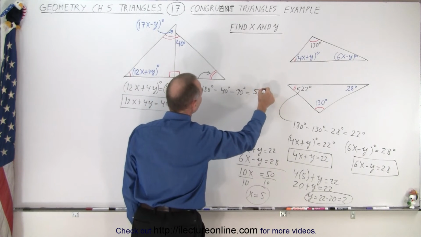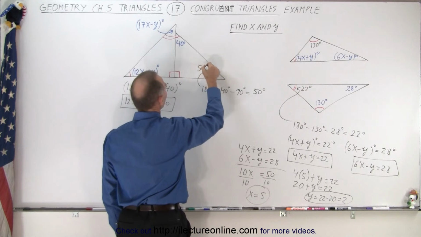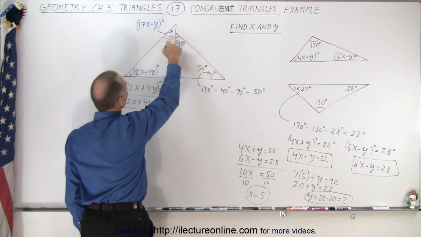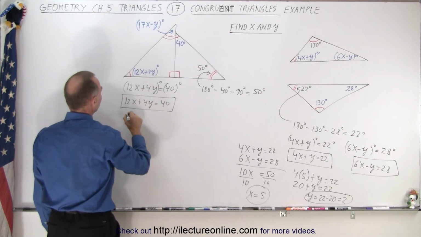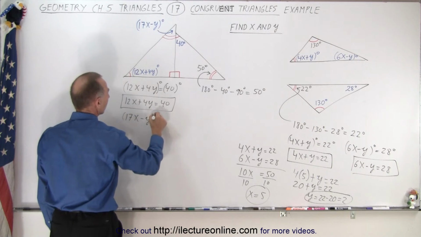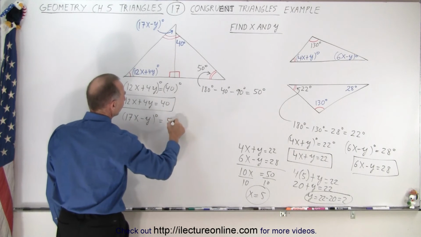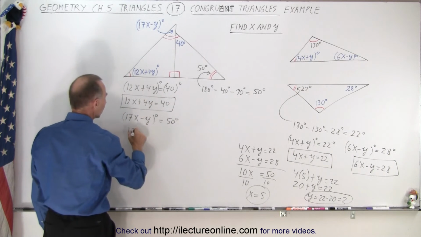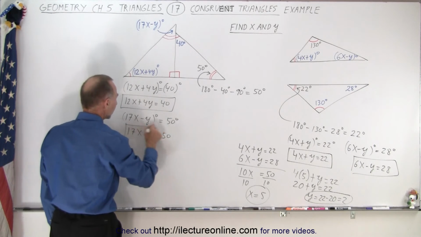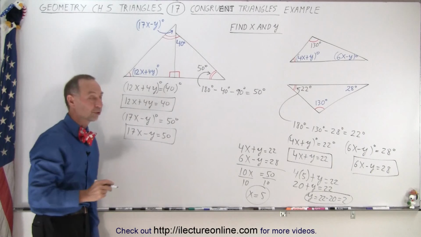So therefore this angle is 50 degrees. Okay, now that I know that, I can see that this angle is congruent to this angle, so I can set those two equal to each other. So 17x minus y degrees must equal 50 degrees, or 17x minus y equals 50. And there I have a second equation with the same two unknowns.